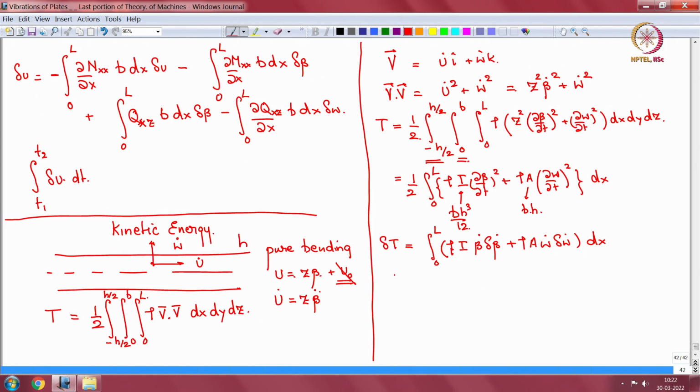The law says integral t1 to t2 delta of u minus t, or t minus u, dt must be equal to 0. We will take delta t one more step. We will say delta t is integral 0 to L, I transfer the derivative, and there will be boundary terms.